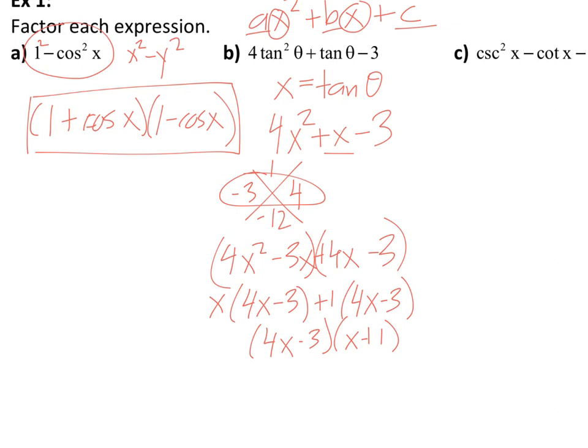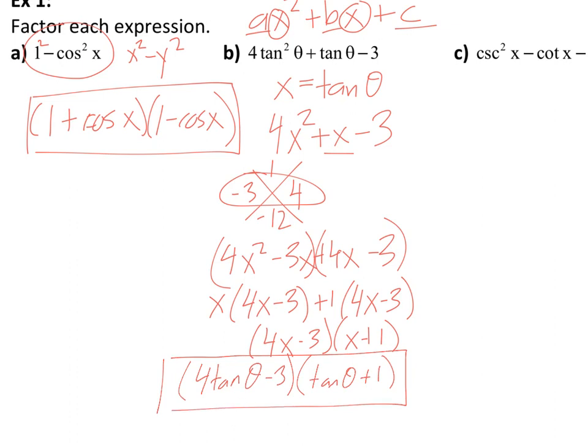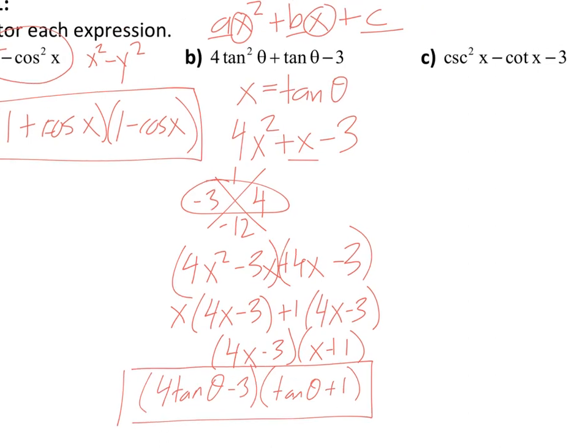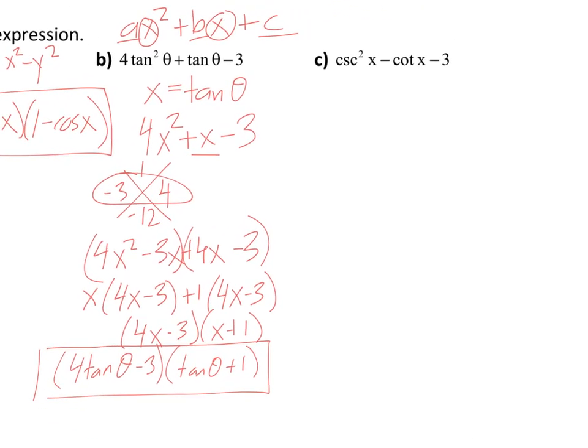It's tangent. So let's substitute that back in. 4 tangent of theta minus 3 times tangent theta plus 1. So this is just regular algebra with a little trig twist in it. It shouldn't be too difficult to work out.